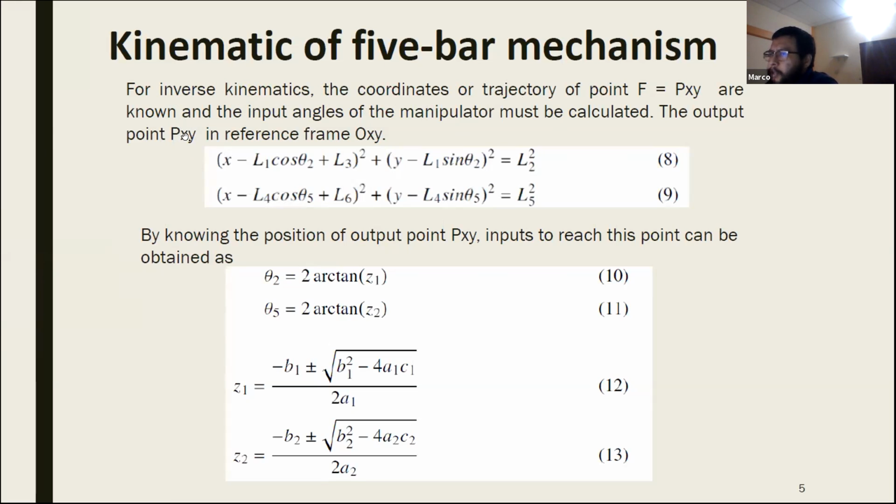The output point Pxy in the reference frame xy, equations 8 and 9. Knowing the position of the output point Pxy, the inputs to reach this point, theta 2 and theta 5, can be obtained.